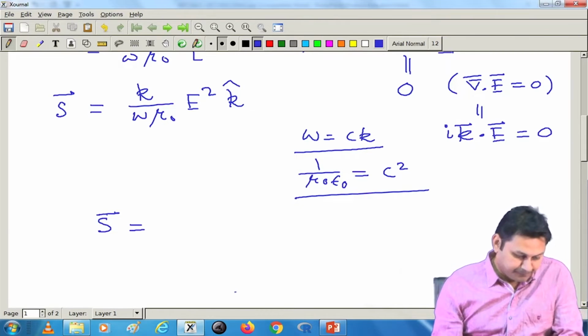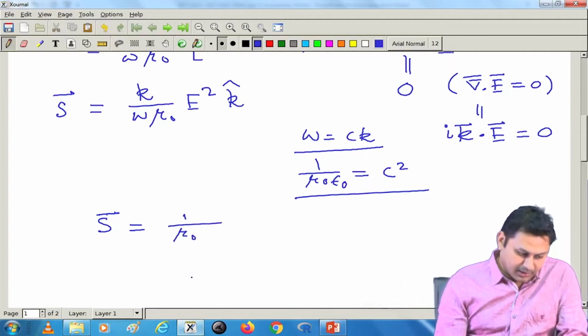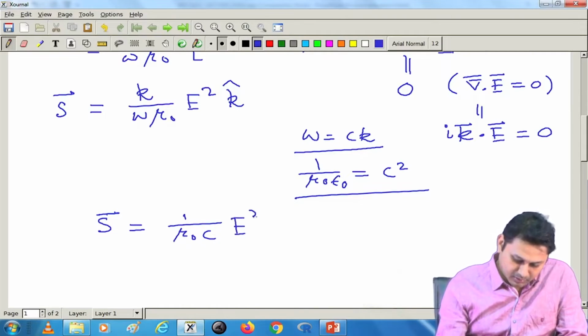So, it should be simply 1 divided by mu 0, and then k by omega I can write as 1 by c, and then E square and the k unit vector.